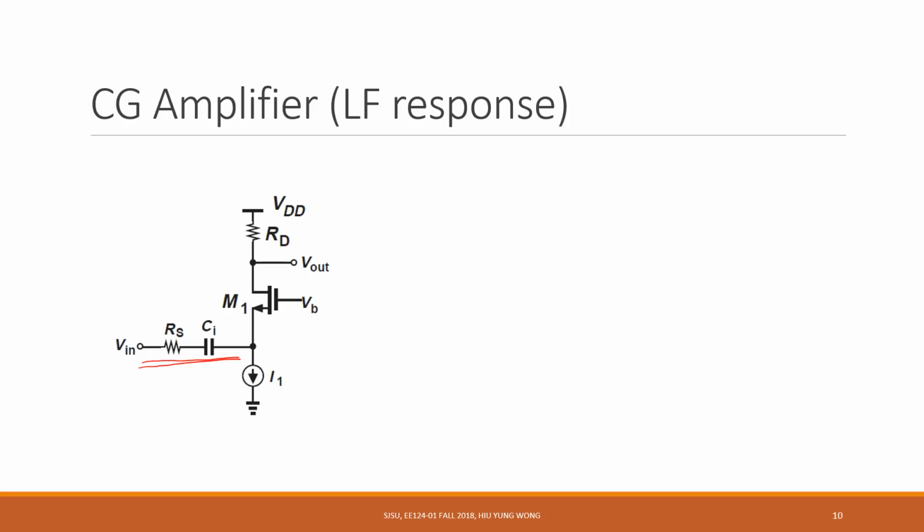So here you cannot use the simplified RC method. Then how do we find the frequency response? All you need to do is just solve the small signal model. Okay, difficult, right? Not easy.